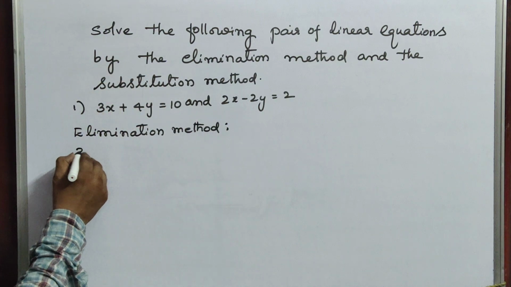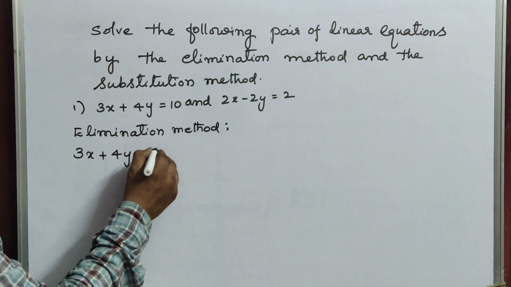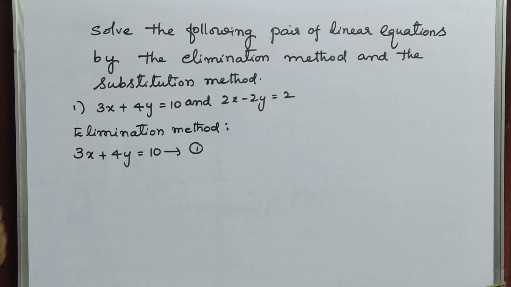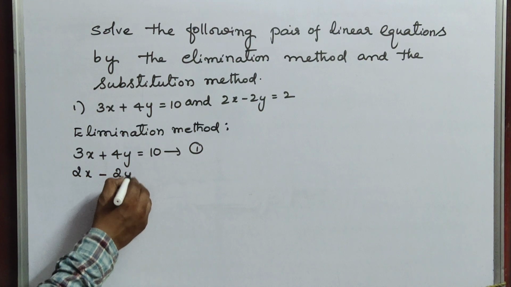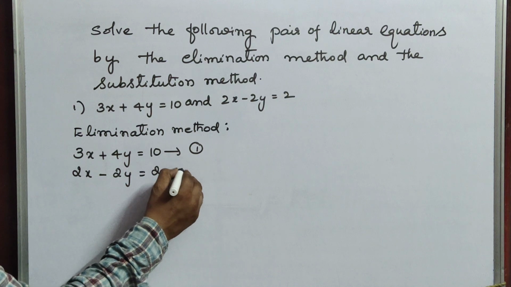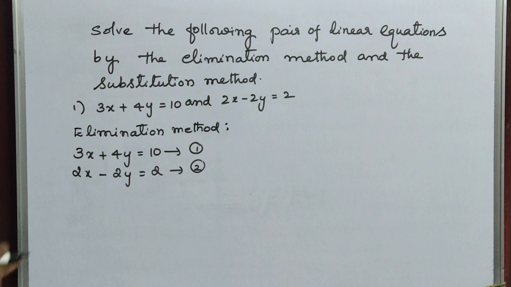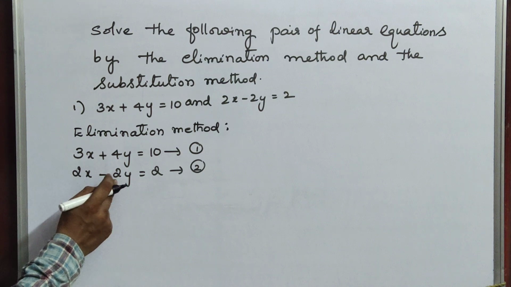So write the given equations as 3x plus 4y equals 10, that is equation 1. Next, 2x minus 2y equals 2, that is equation 2. Here if you observe equation 2 clearly, you can simplify it, children.